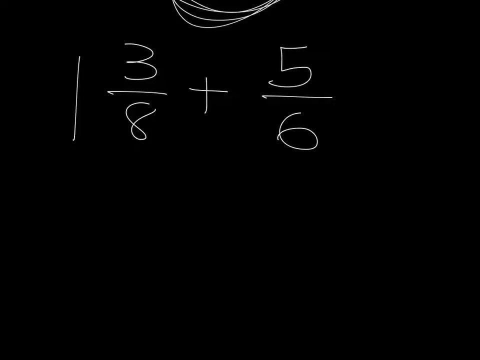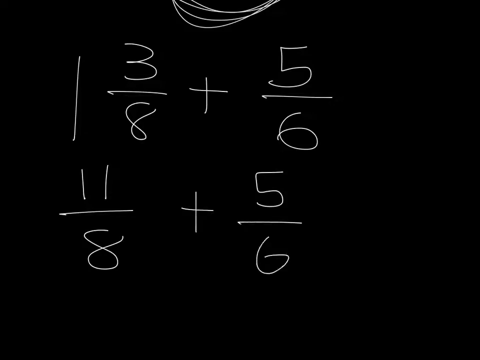Okay, you can, but we don't want to do it. All right, so how do we do that? Well, we say 1 times 8 is 8 plus the 3 gives me 11. Okay, you need to know how to do that. You keep your same denominator. All right, so now we've got 11/8 plus 5/6.